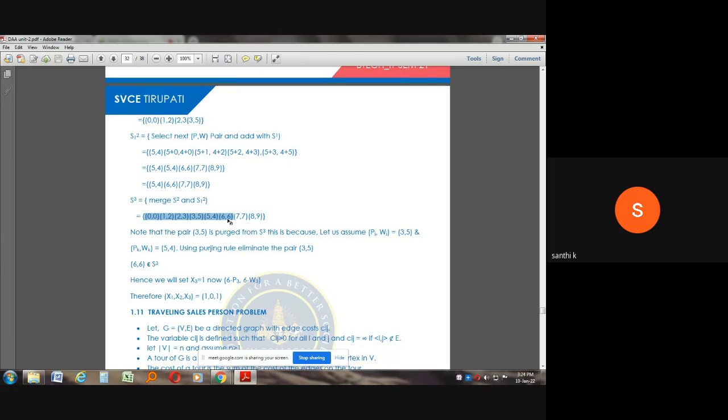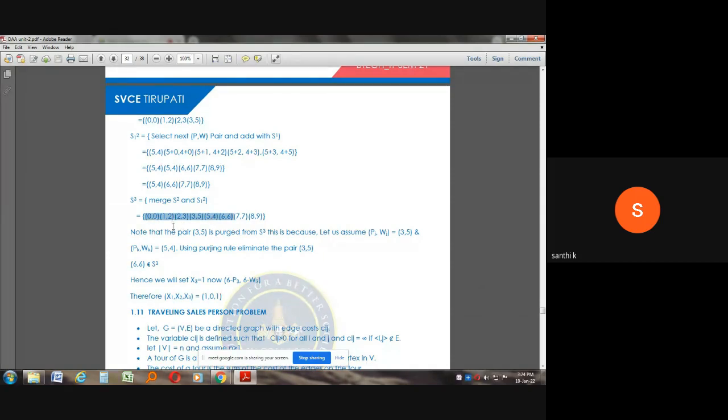Now, among these ordered pairs, the one with the maximum profit value is the one we have to take. And before that, we have to check whether any pair of ordered pairs satisfies the dominance rule or not.